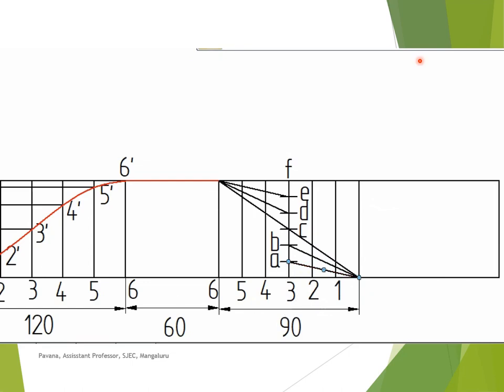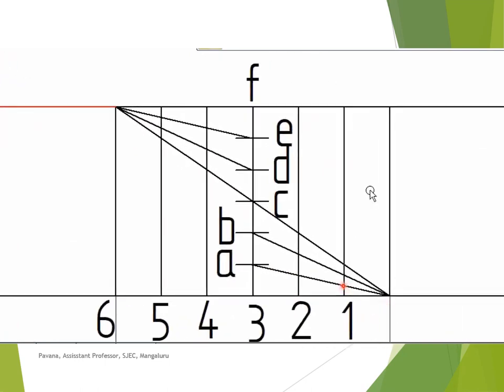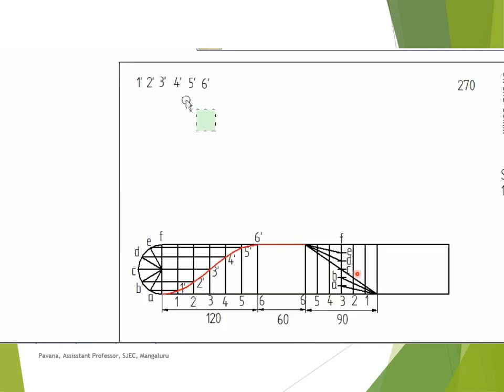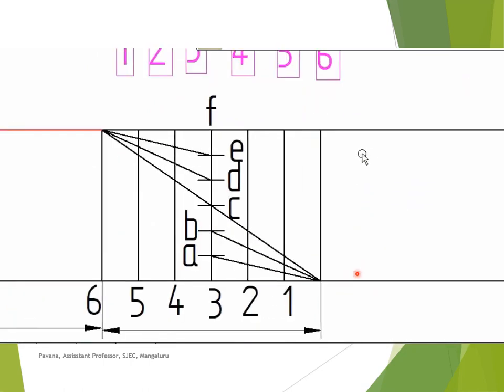So the line from A, where it cuts line 1, that will be 1 dash for us. Okay, you can see here there is a line from A intersecting on line 1, so this point is our intersection point, so name that as 1 dash. So like this.